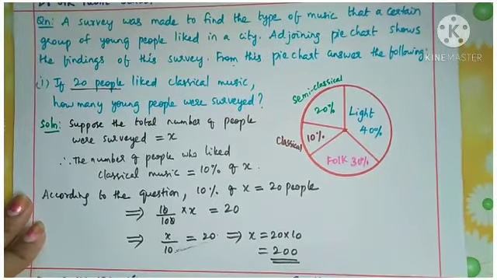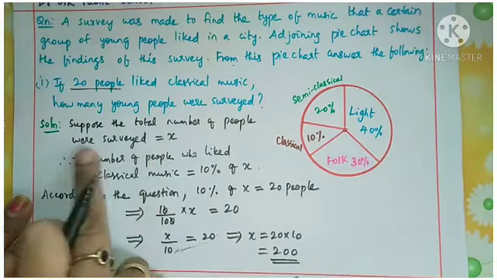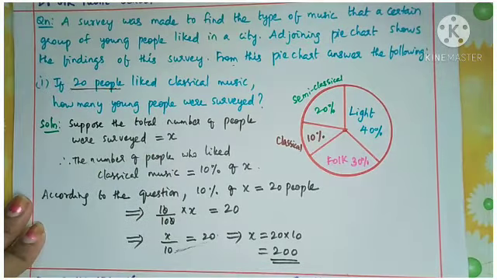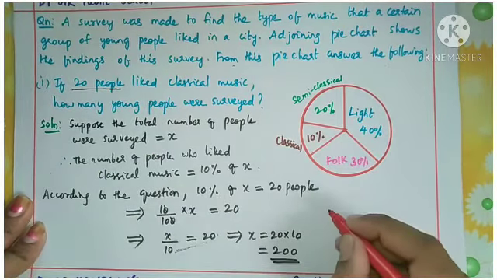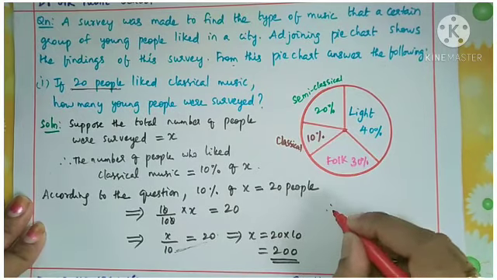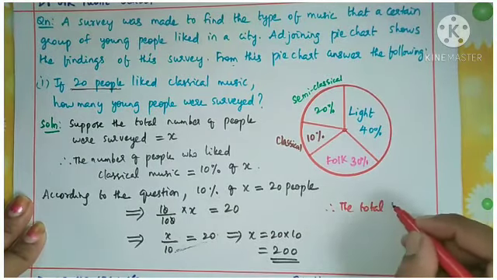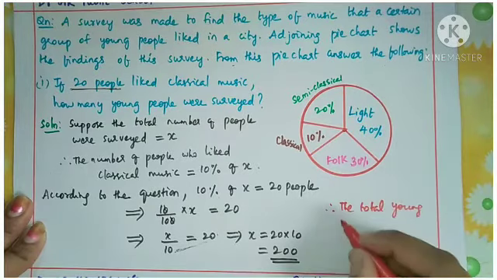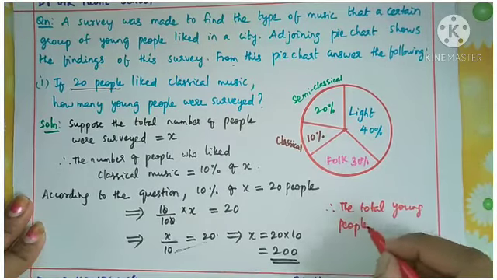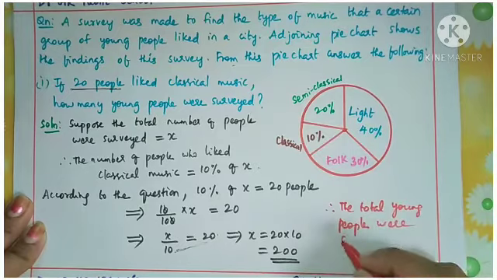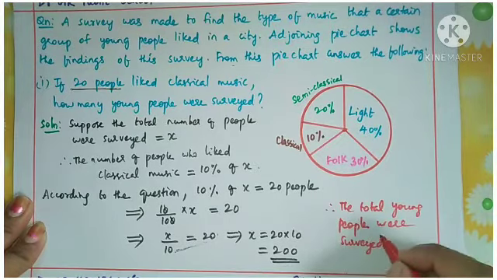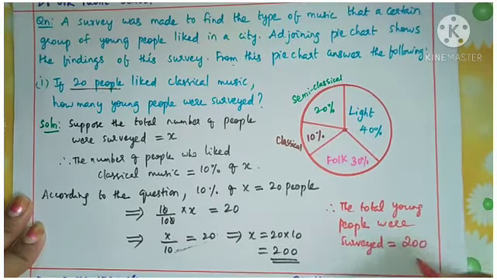Understood? So what is this x? The total number of people we have taken as x. So finally you want to write: therefore, the total young people surveyed is equal to 200 people.